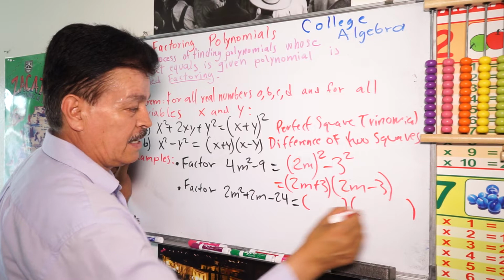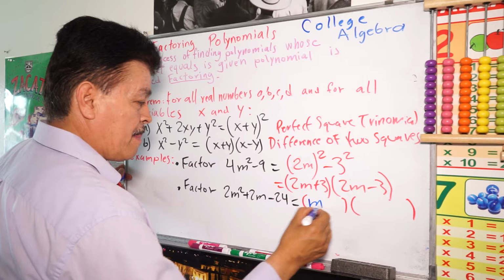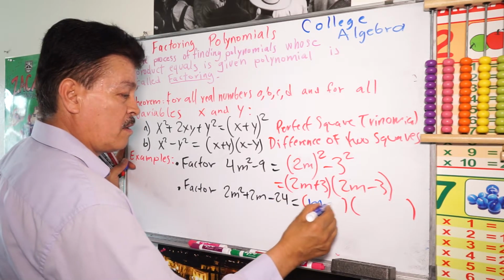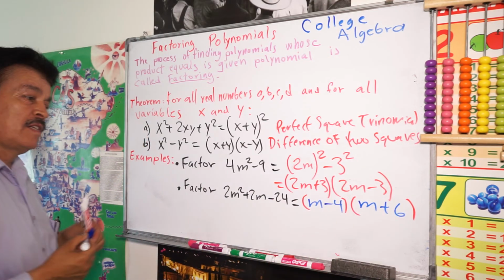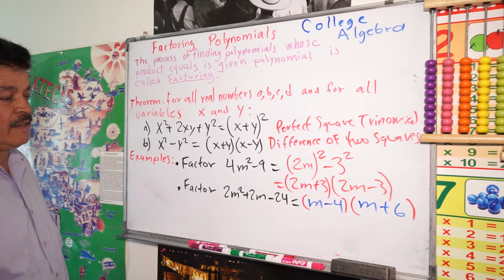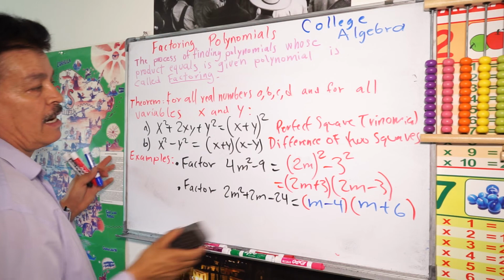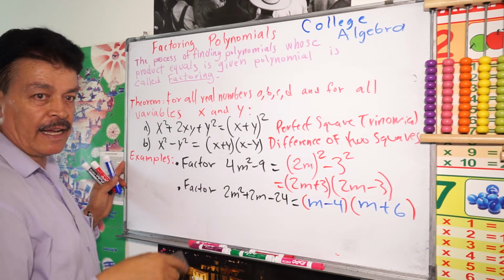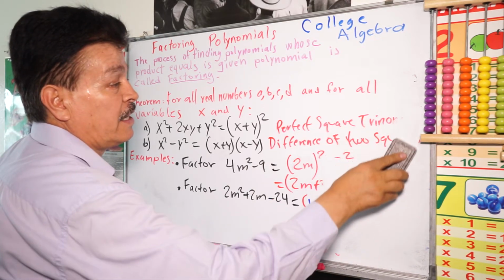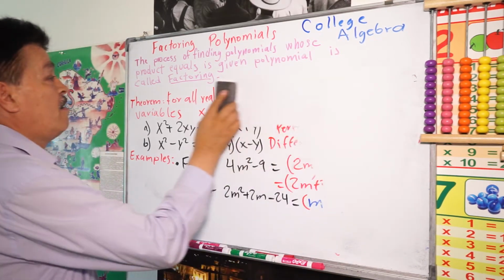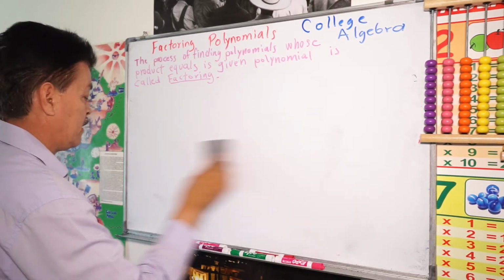It's going to be m minus 4 and then m plus 6. See? It's another way to find the factors. So let me show you another kind of factoring polynomials.